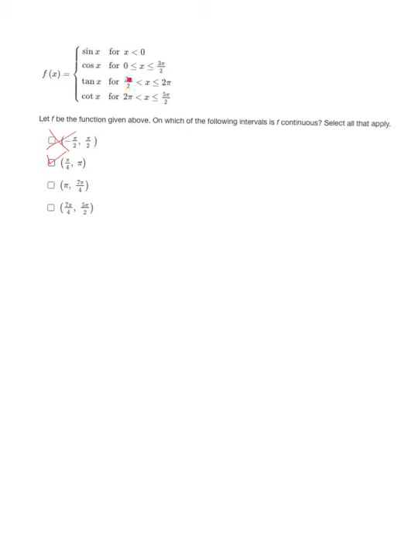This one is going to be coming down from negative infinity on the right side of 3 pi over 2, and cosine certainly isn't doing that. So we're going to have a jump here from cosine to tangent as we go from x equals 3 pi over 2 to the other x equals 3 pi over 2 there. So that one's out. And then here we jump from tangent to cotangent.